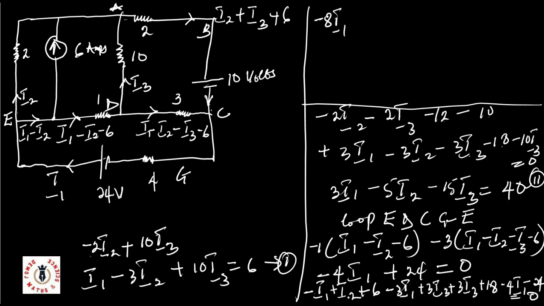For I2, I have I2 plus 3I2, that's plus 4I2. For my I3, I have plus 3I3.